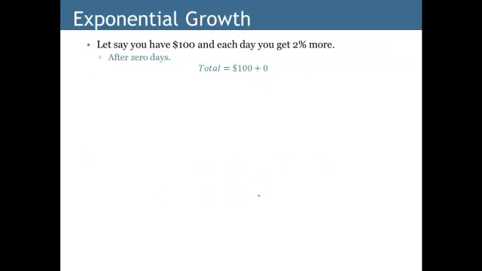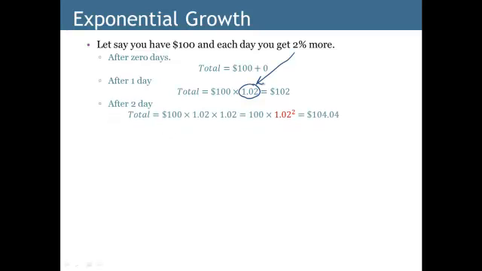So let's say you have $100 and each day you get 2% more. After 0 days, you have $100. Nothing's happened. After 1 day though, because you get 2% more, that's a multiplication idea. That's a change due to percents. And here's that 1.02 like we just talked about on the previous slide. That gets you $102. Now after a second day, you're going to multiply by 1.02 twice.